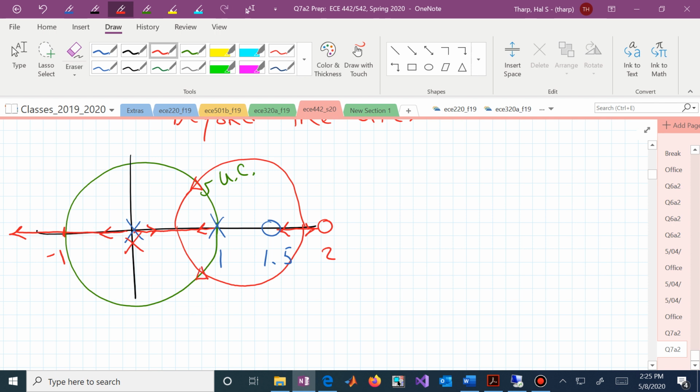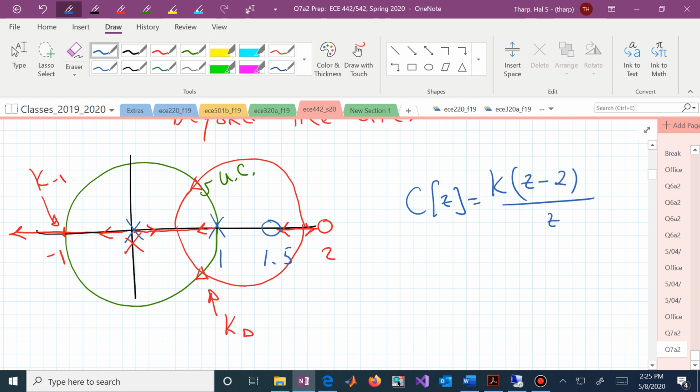We're not needing to calculate what the gain is here, let's say K delta, and what the gain is here, K minus 1. We would determine, if we needed to, the maximum K for stability based on the smaller of K delta or K minus 1. But this particular controller, where C of Z was K times (Z minus 2) over Z, that's okay. That one works. One more.